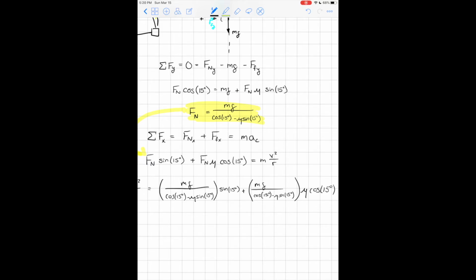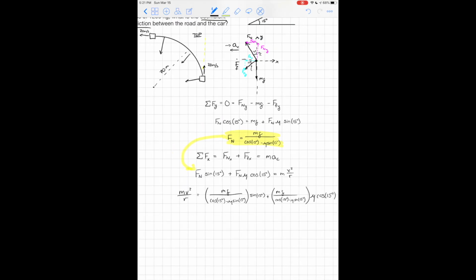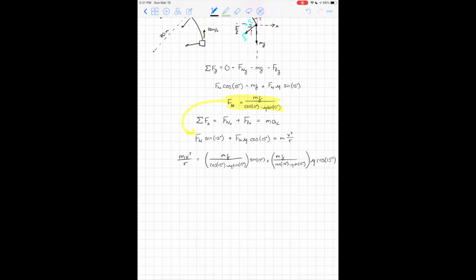And there's some funny business that you can do here, rearranging some values and getting rid of some of the terms. I suppose the way I would probably do it is everything has a mass in it, right? If we zoom out a little bit, every term here has one mass, so maybe we just cancel the masses. I could throw the r and the v squared on the other side, and then everything has this denominator.